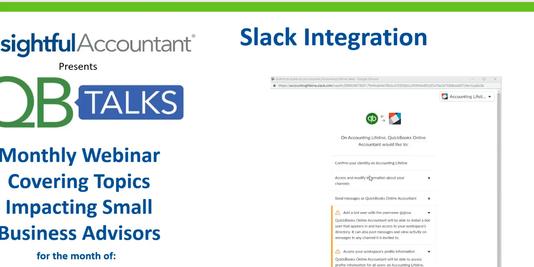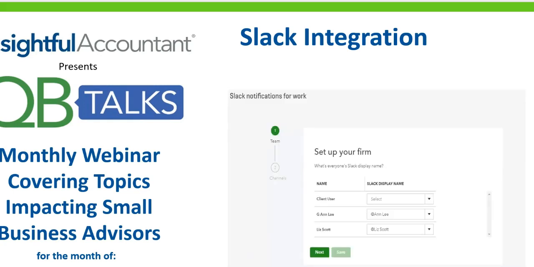So you go through your setup and you identify who all do you want to connect. So how many clients or just your team do you want to communicate and integrate with Slack? And then once you do that, if you say you do want to connect with your team or connect with your clients, you then connect those channels and those names.